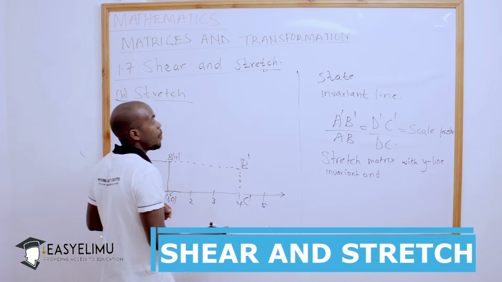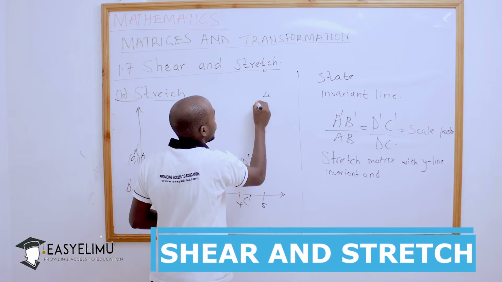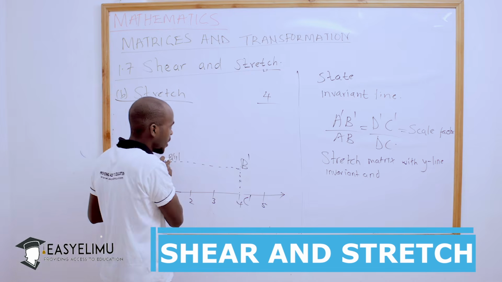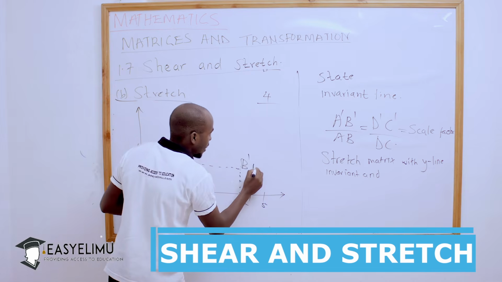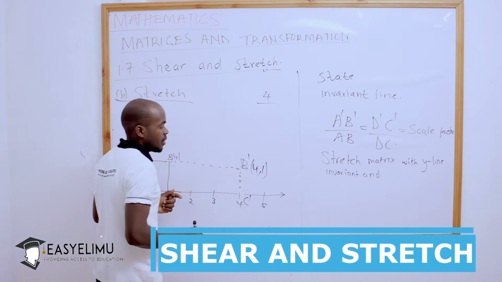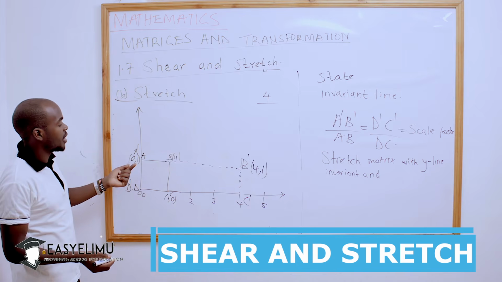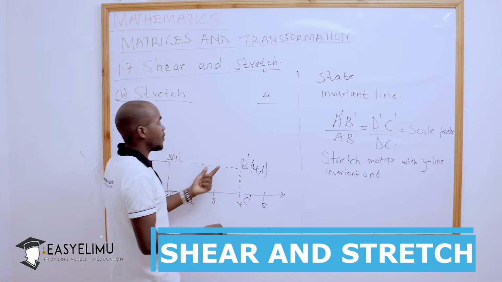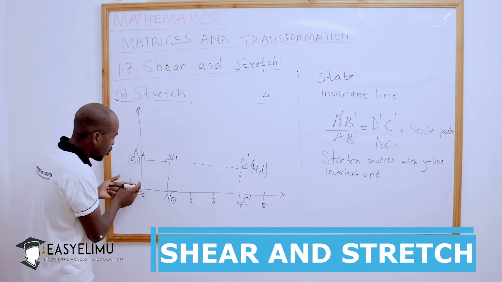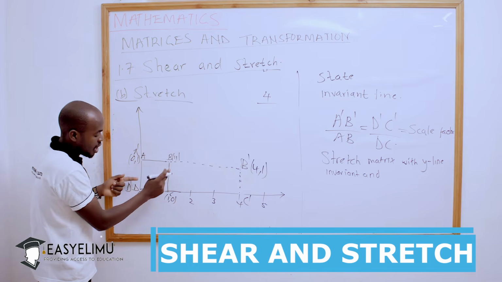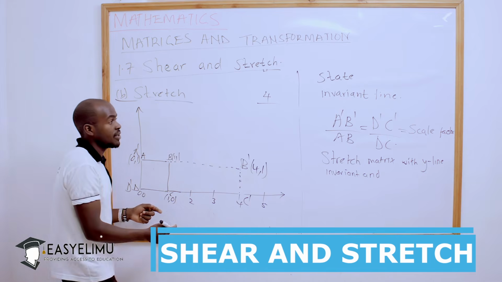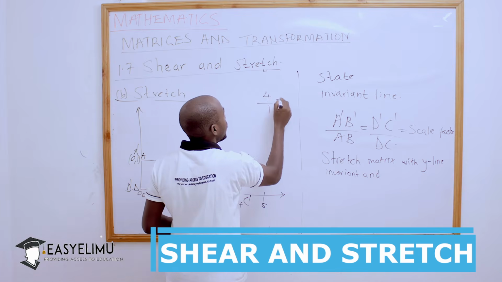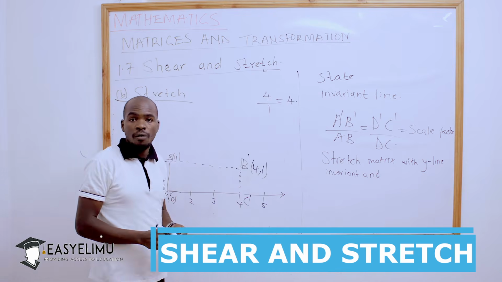It has moved 4 points, so it shall be 4 over the original, which is 1. So we take what occurred in the X direction: 4 divided by the original, which is 1. So we shall find that it has moved with a scale factor of 4.